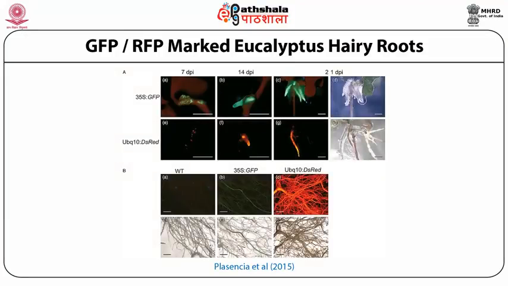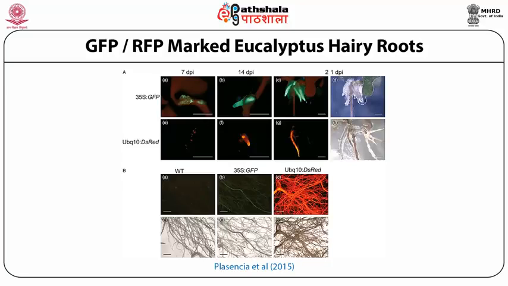This slide explains a selection marker, GFP, green fluorescent protein, a visual marker. When the roots are transformed, you can very clearly see it: if transformed by red fluorescent protein like DsRed, they are red. If transformed with the green fluorescent protein, they fluoresce green.